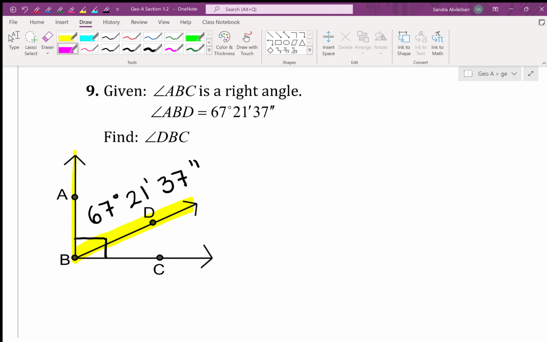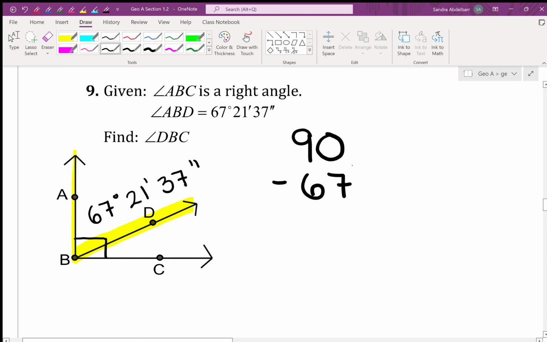It's the same idea. I'm telling you the whole angle is 90. I'm telling you the top angle is this whole ugly thing. We're going to subtract. So we're going to take 90 and subtract from that 67 degrees, 21 minutes, and 37 seconds.